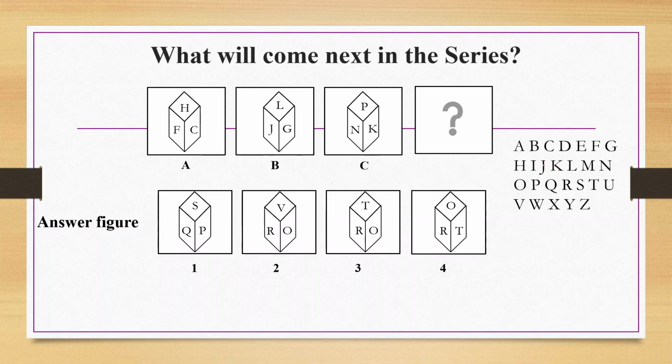So 1, 2, 3 and 4. So we got the fourth letter as L, means four alphabets ahead of H is L. So we get L at the top face.